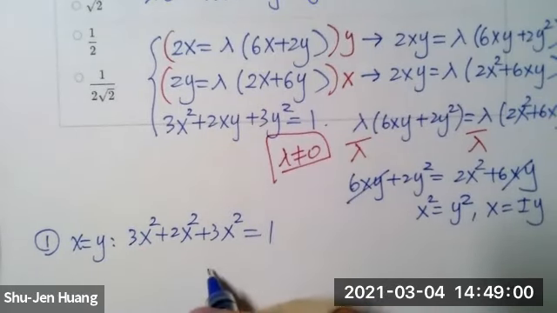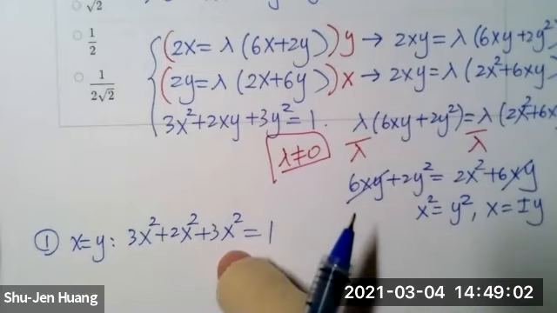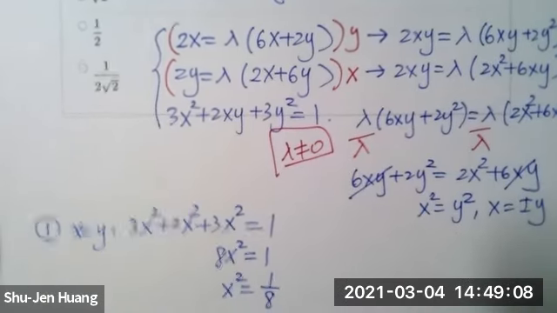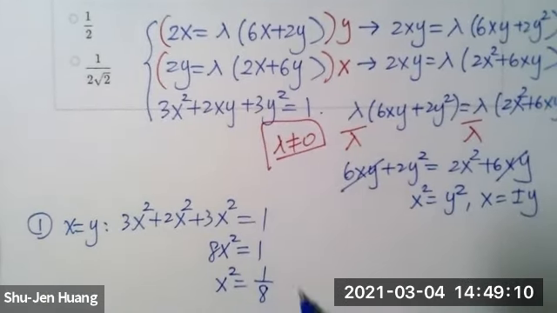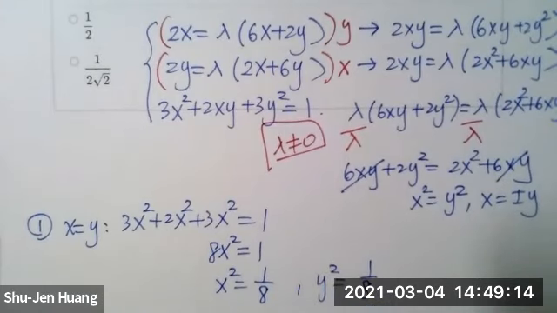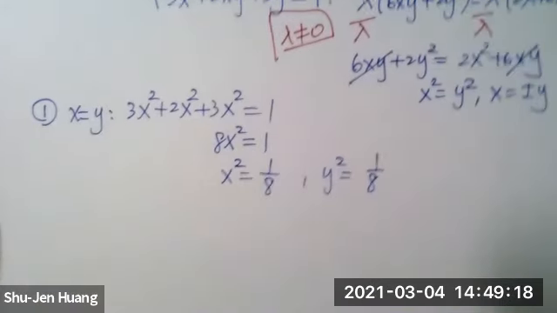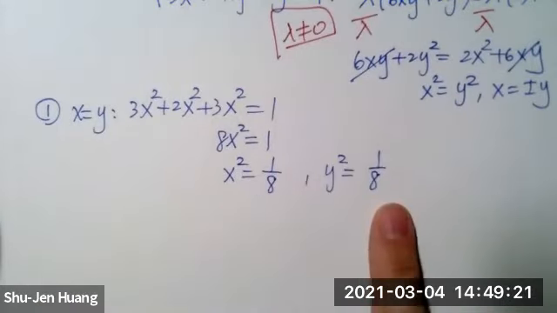So that's 8x squared equal to 1. So x squared equal to 1/8, right? And if x squared equal 1/8, then y squared is also 1/8. Is that good? Because x equal y, so both x squared and y squared are equal to 1/8.